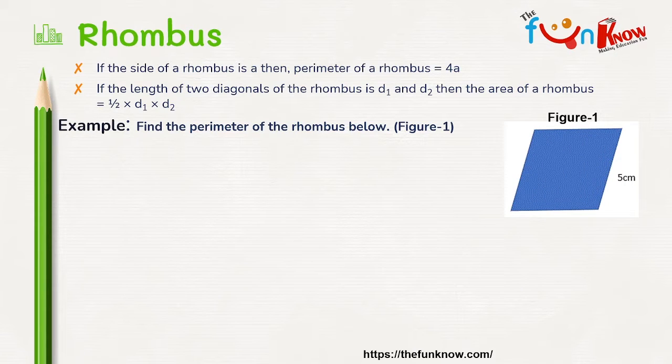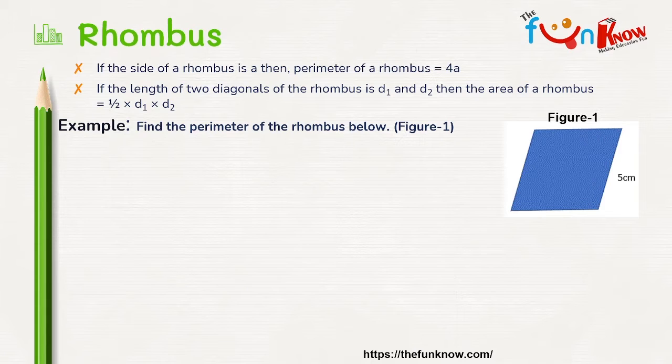Find the perimeter of the rhombus. Figure number 1 is given there, and it says that one side of the rhombus is 5 centimeter, and we have to find the perimeter of the rhombus. Students, first of all, you will write the formula itself, that the perimeter of the rhombus is 4A.